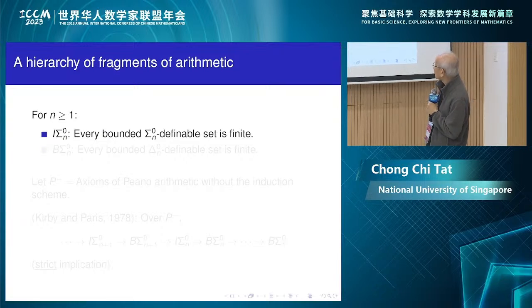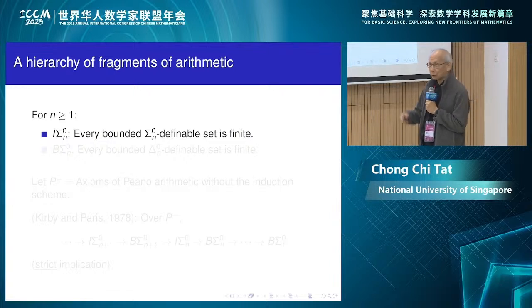If we say it's pi 1, it means that it refers to a statement that starts with what we call a universal quantifier. So it will be for every x, and then followed by a statement that does not include any quantifiers.